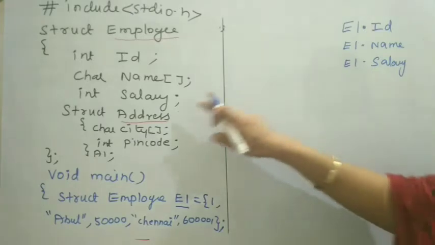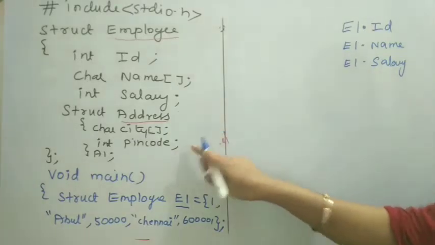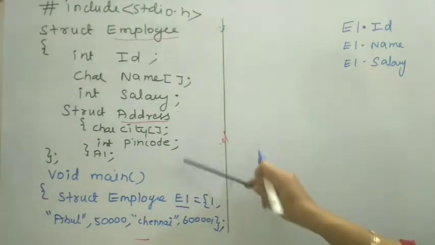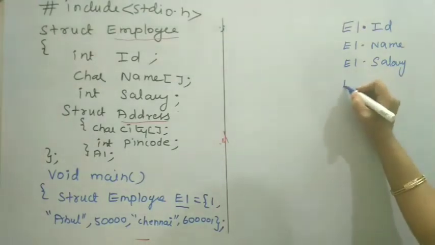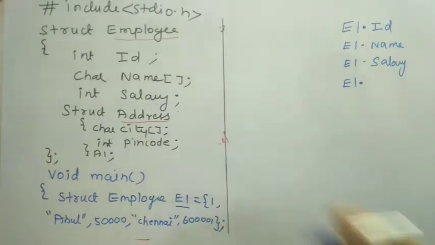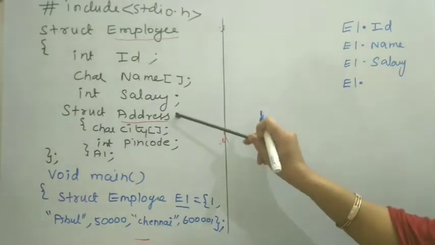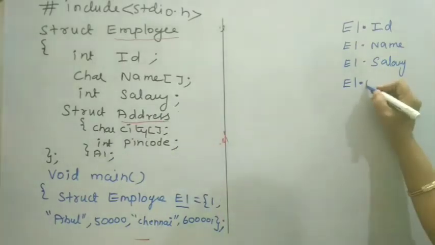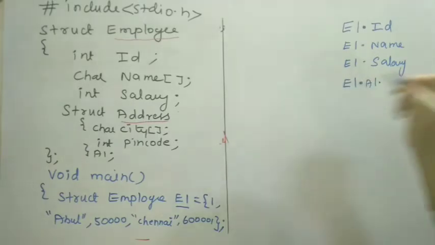My fourth data member is an inner structure. If I want to access the data members defined inside this inner structure, I need the structure variable of the outer structure dot the structure variable of the inner structure. Inner structure is address. Structure variable of this address is A1. So A1 dot then the data member, that is city.